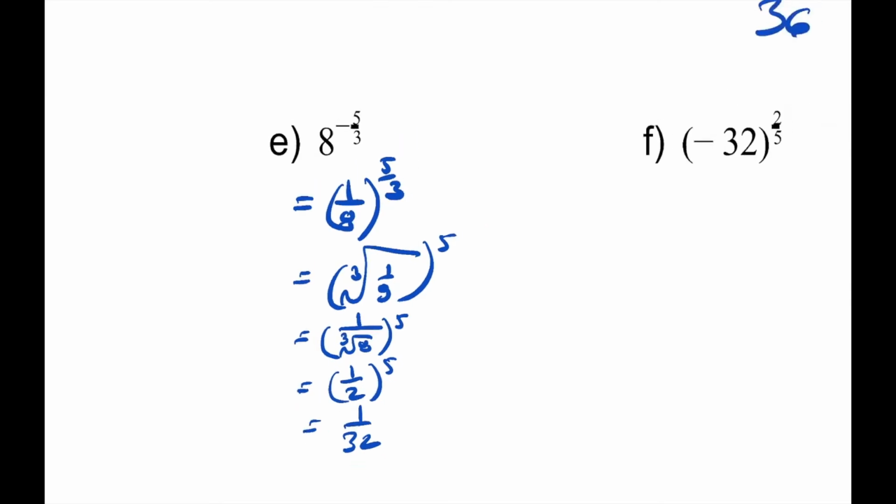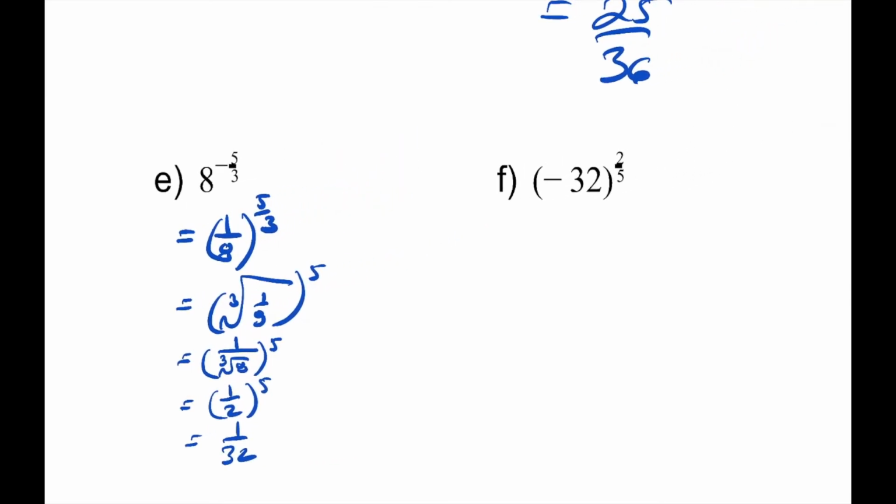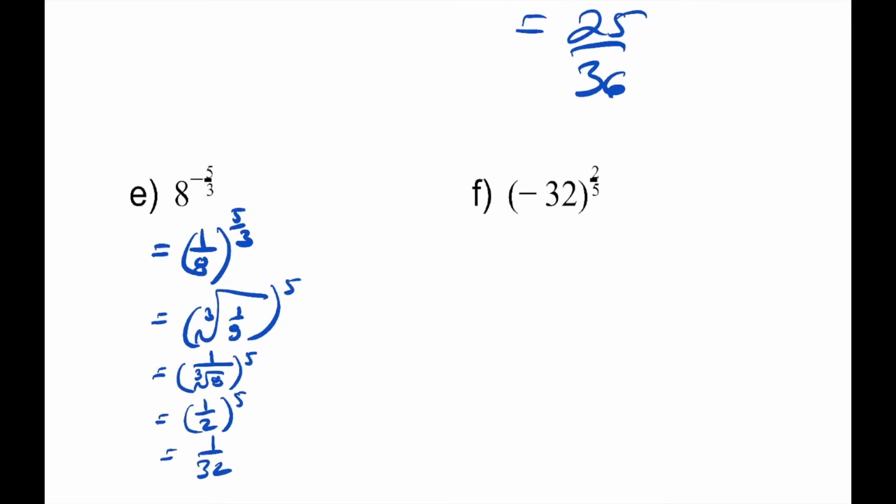All right? So once we get to the fractions, it is a little bit tricky. Question F, we've got to be careful because now the negative is not an exponent, it's just in the base. So here we want the fifth root of negative 32, squared. Now, if this was the square root of negative 32, we would say there's no answer, because no number multiplied by itself could be negative.